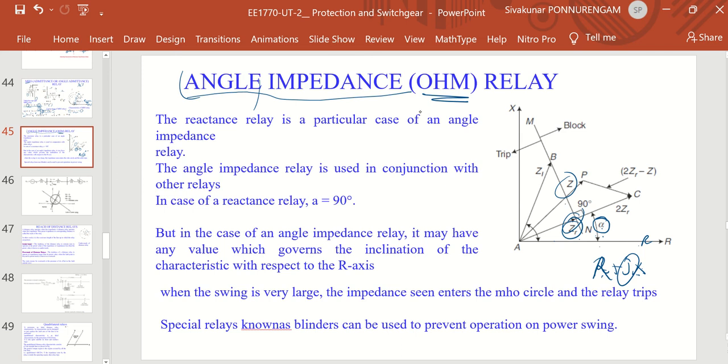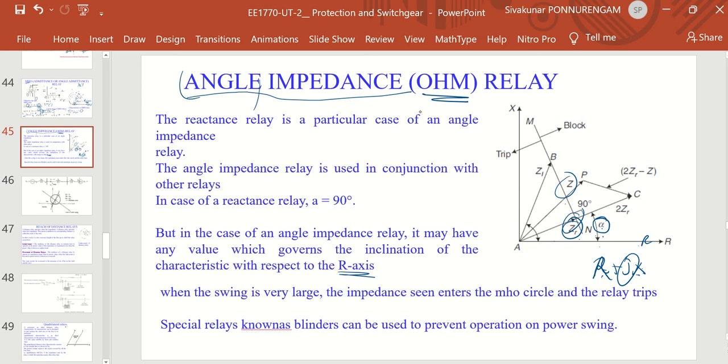But in the case of the angle impedance relay, it governs the inclination of the characteristic with respect to the R axis. This is the resistance R axis, which controls R.